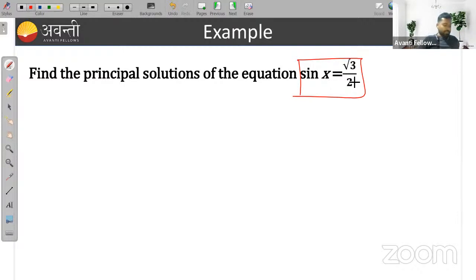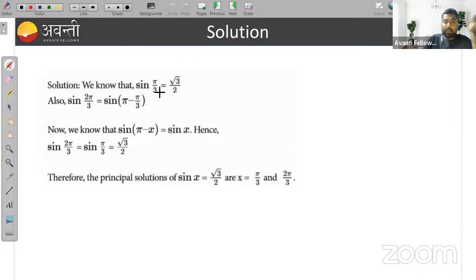Okay, sin x is equal to root 3 by 2. So what is the solution of this equation? You can check here. Sin x is equal to root 3 by 2, this was given. So we know x is equal to pi by 3, since sin of pi by 3 is root 3 by 2.